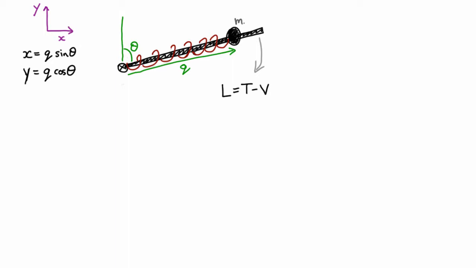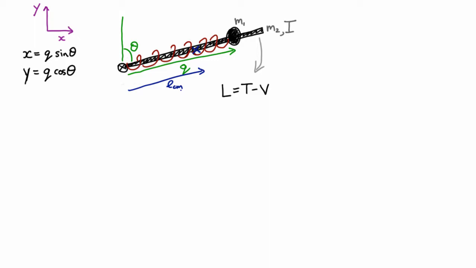I'm going to have the mass of my object being m1, and the mass of my rod being m2. I'm also going to need the moment of inertia of my rod, which I'll write as I. Because I need the potential energy of the rod, I also need to know where the center of mass of the rod is, so I'll write that as L center of mass.